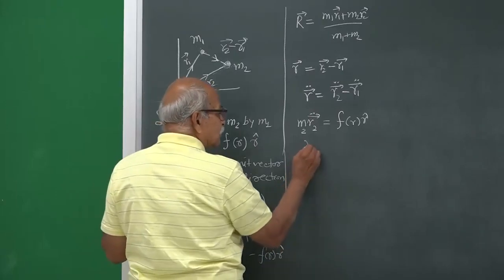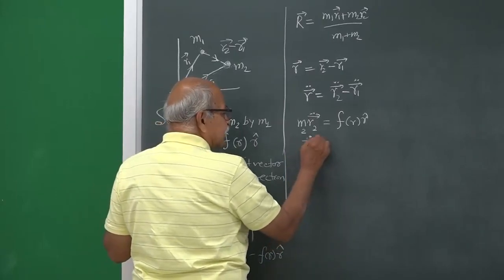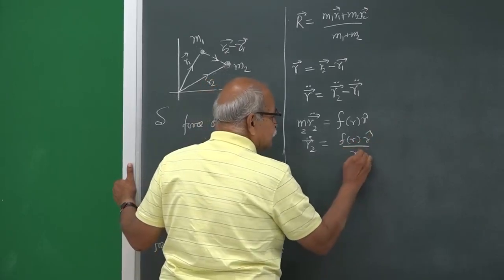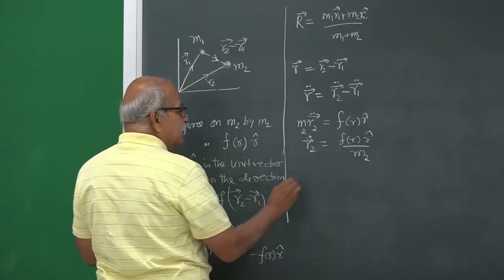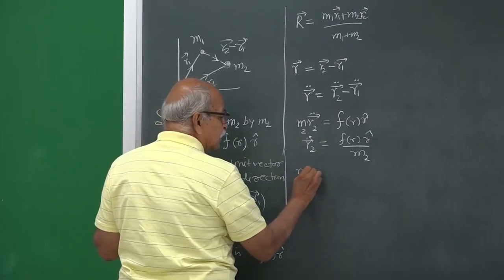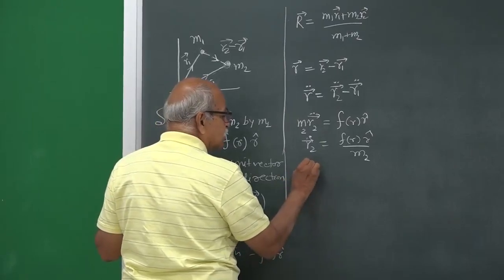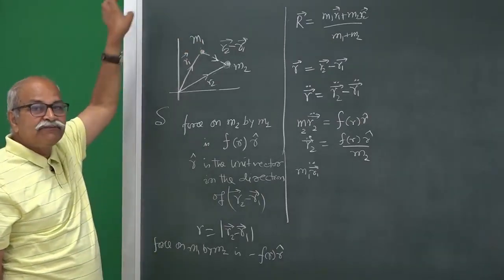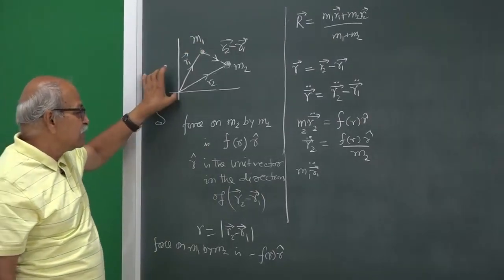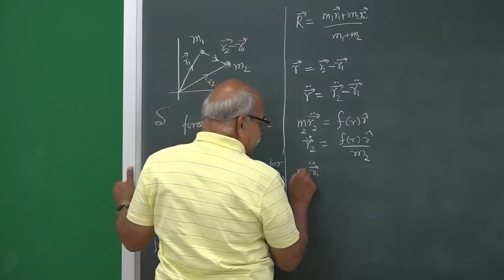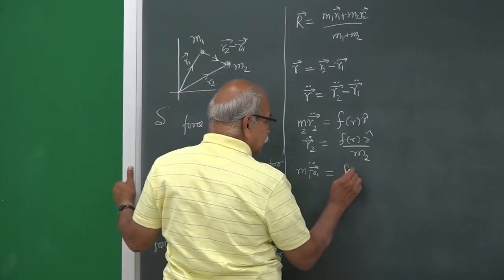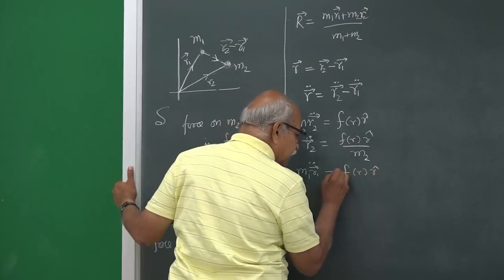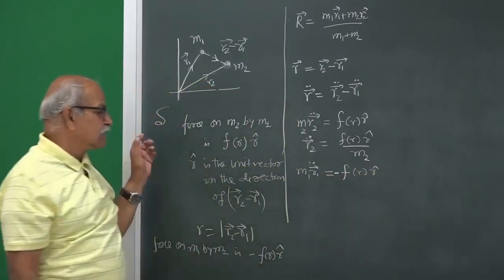So, r2 double dot is Fr r cap divided by m2, and similarly m1 r1 double dot, the acceleration of the first particle as seen from the inertial frame multiplied by mass, should be Fr r cap with a minus sign, Newton's third law.